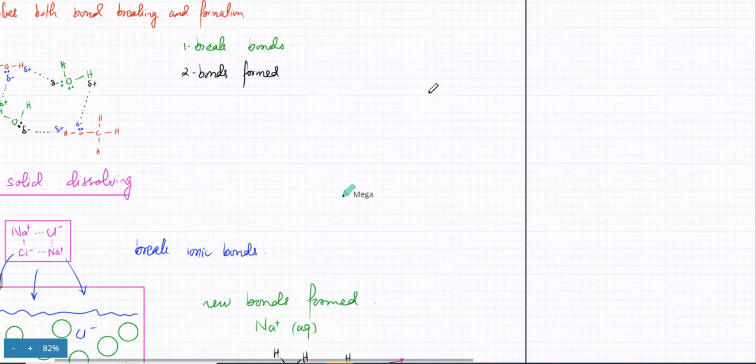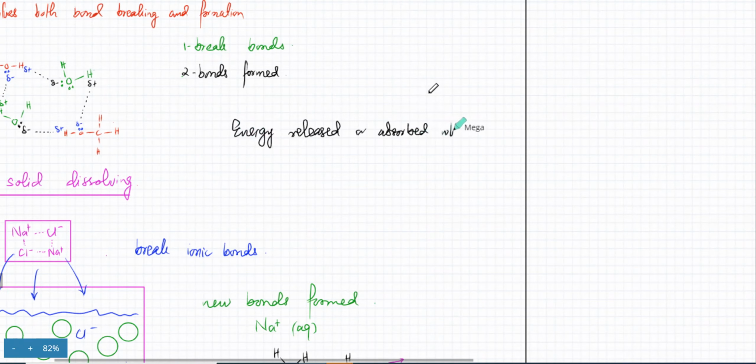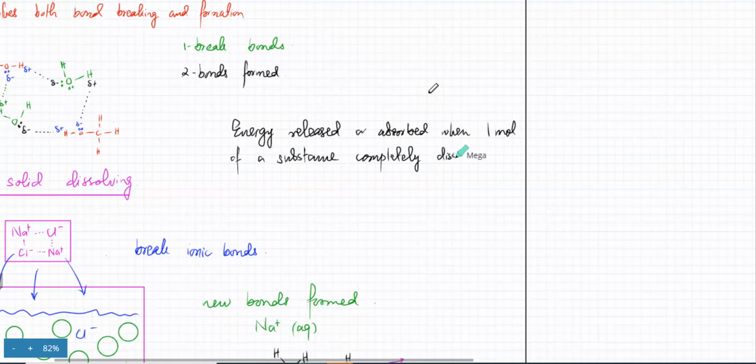It's the energy released or absorbed when 1 mole of a substance completely dissolves in water to form an infinitely dilute solution.